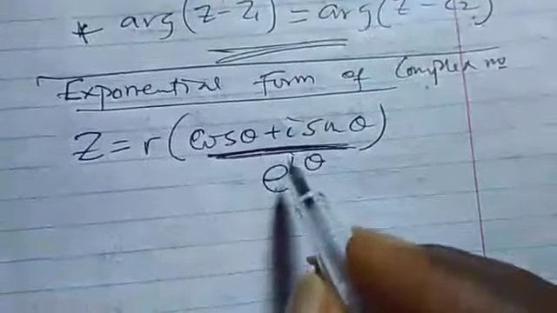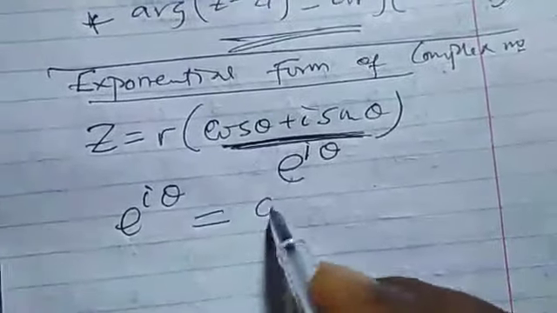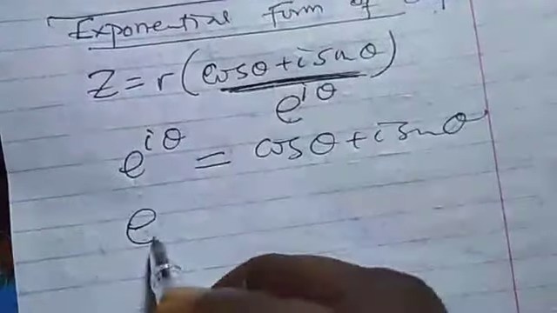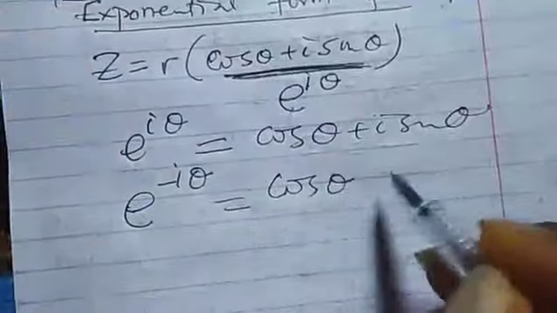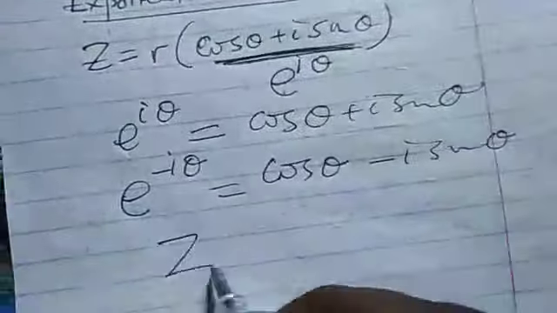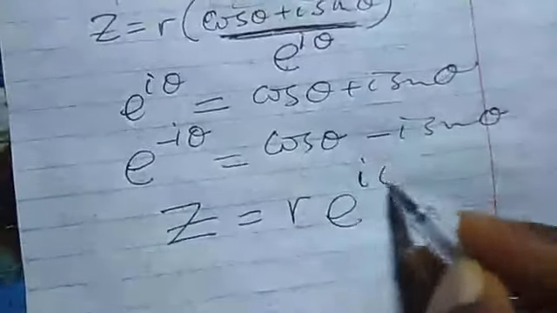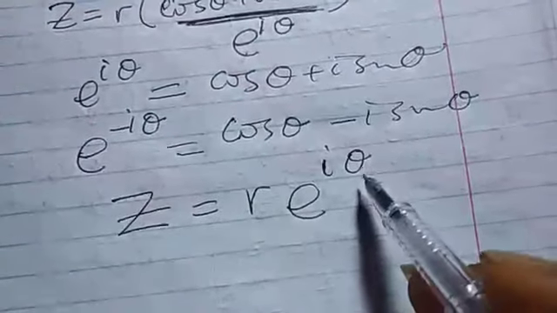If they say that exponential i theta is the same thing as cos theta plus i sin theta, then exponential minus i theta will be equal to cos theta minus i sin theta. So in that case, a complex number can now be written as z is equal to r exponential i theta.